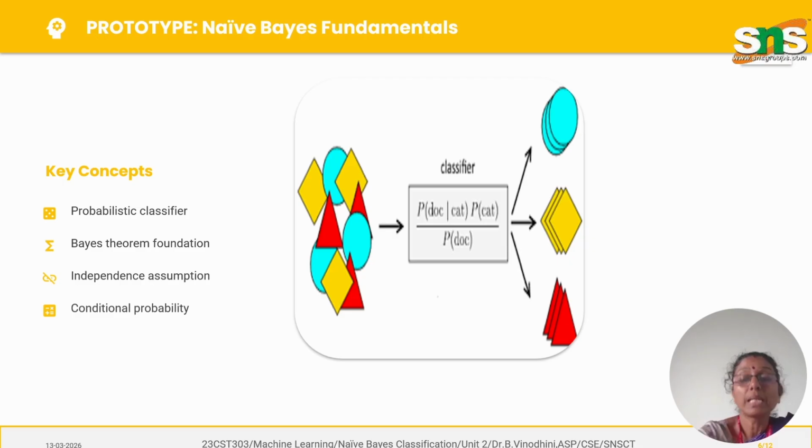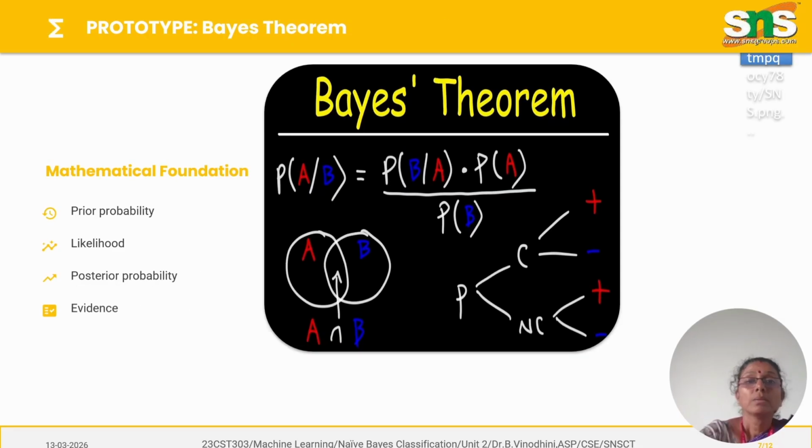What is the Bayes theorem? The Bayes theorem says that the probability of A given B is equal to the probability of B given A times the probability of A, divided by the probability of B. We have the prior probability, then the likelihood of occurrences of each feature, and we have to know the posterior probabilities based upon the evidence.